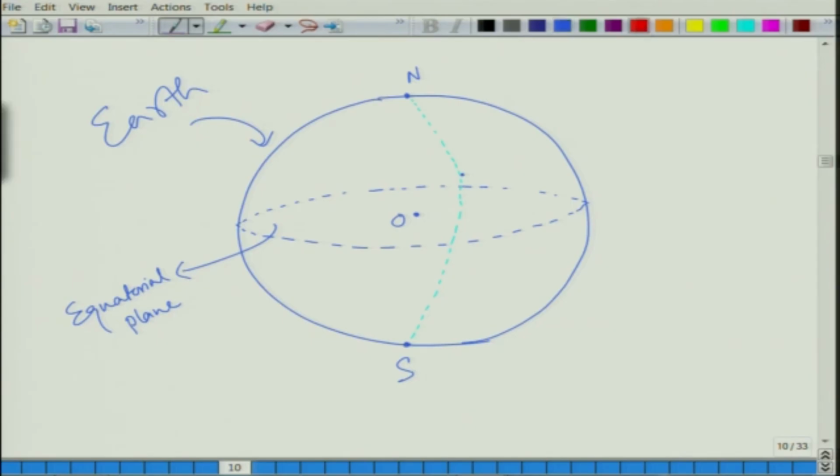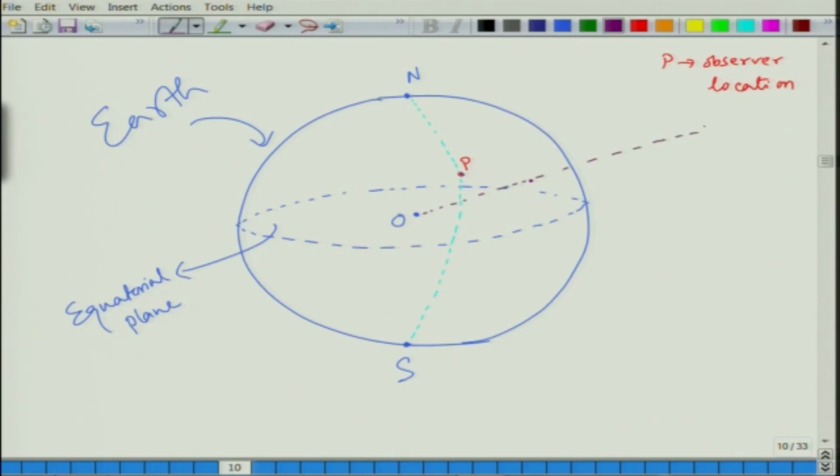And let me write, this is the observer location P. P is the observer location. Okay. Now, if that is the observer location, suppose we have the solar radiation coming through this point. Okay.